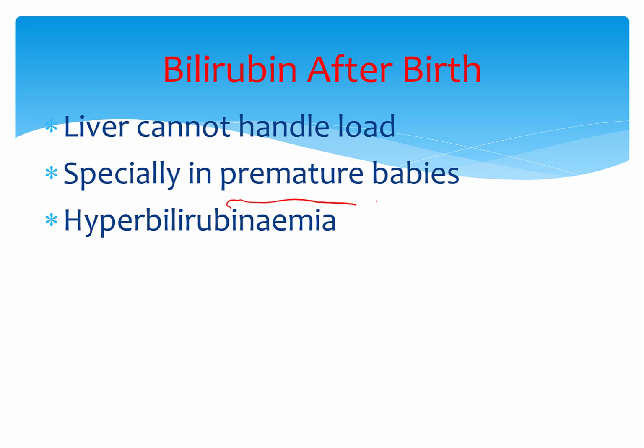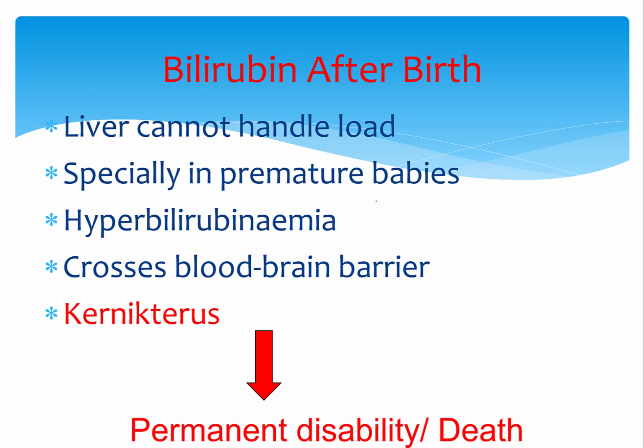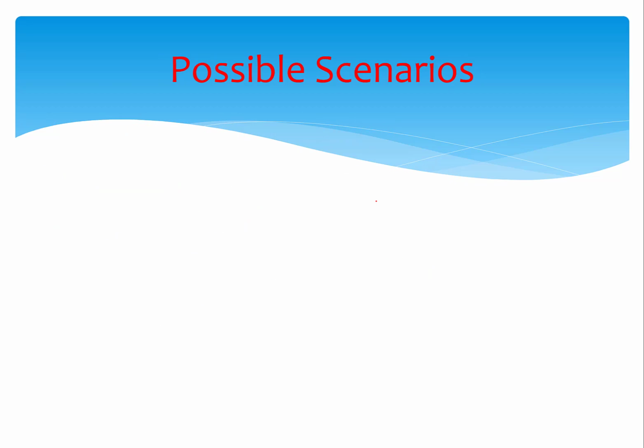Since their livers cannot handle bilirubin, it will increase their bilirubin levels, hyperbilirubinemia. When it is in high levels, it will cross easily to the brain, deposits in the basal ganglia and cause kernicterus, and disability and death is the result.